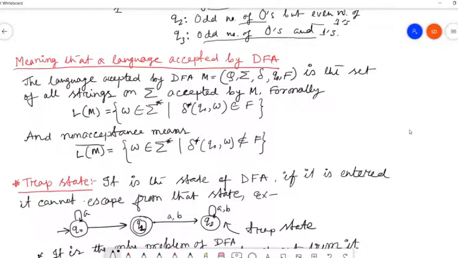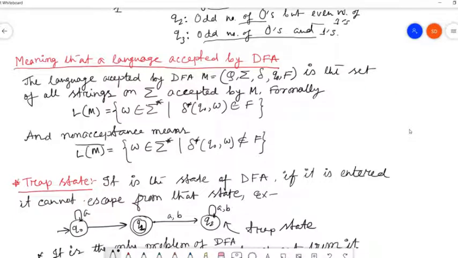This type of term we will always encounter throughout the theory of automata: which types of strings are accepted by the DFA, the language which is built upon the input symbol sigma.